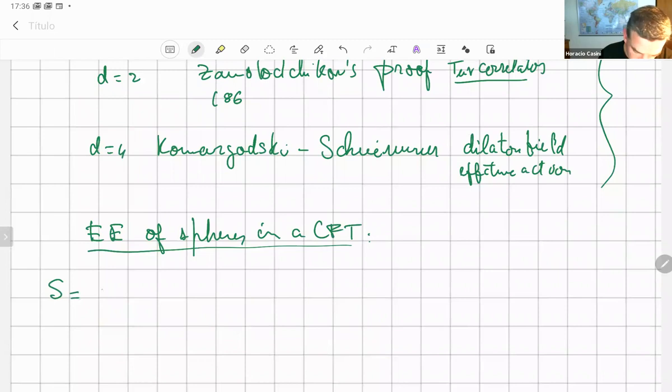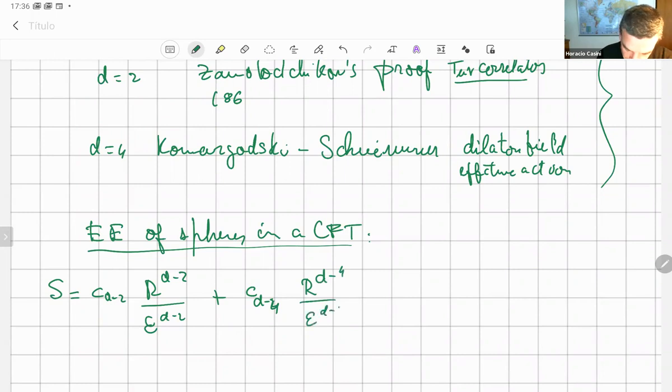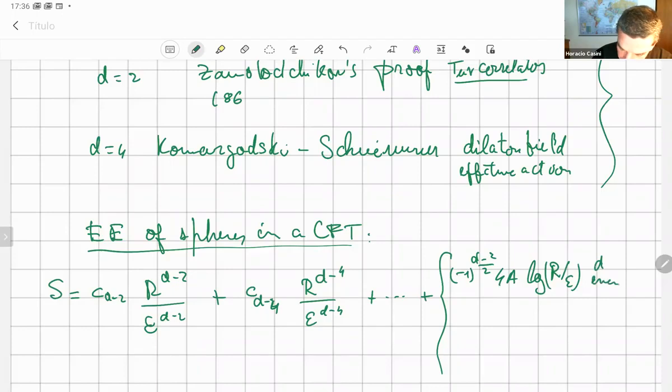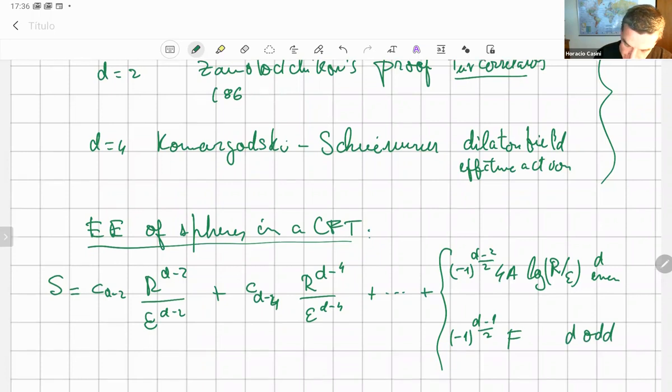I described it yesterday, the case of D equal to 4, but in general, you expect that the entropy has some area term plus some subleading terms, and at the end, the last term will be, depending on if the dimension is even or odd, minus 1 to the d over 2 for A. There is a logarithmic term in the case of even dimension, and there is a constant term for the odd.